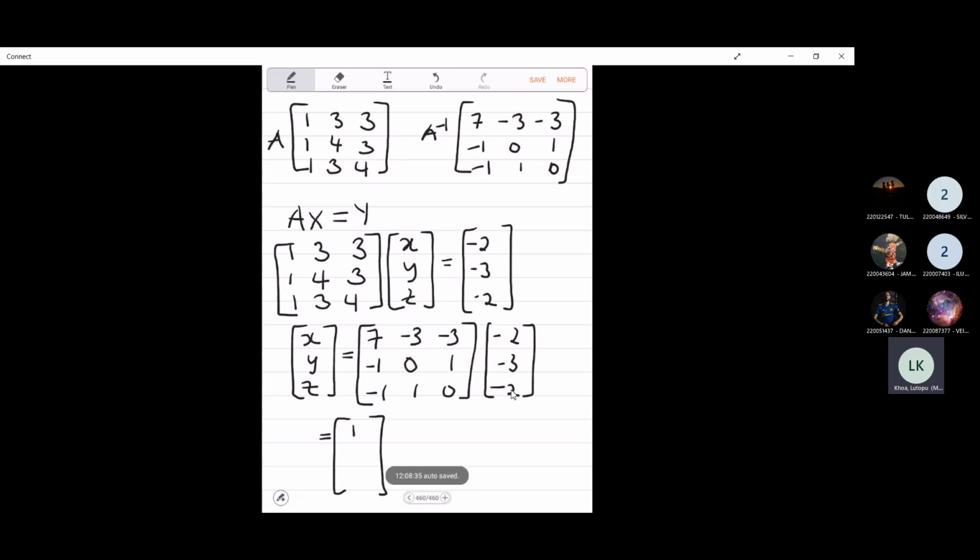Getting 0 here. I think I should also switch the variables then, because Z is the one that's 0. You see. So this is 0, and then the last one I have minus 1.